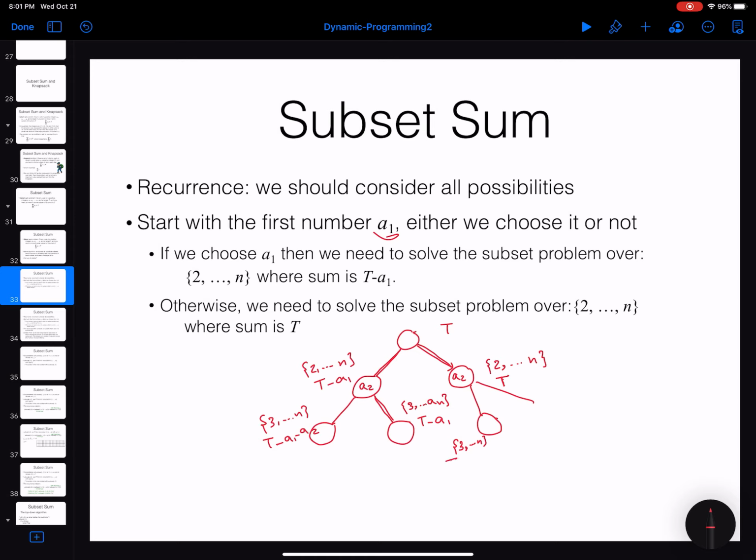So the target number that remains is T minus A2. And here, I didn't take A1 and I didn't take A2. Find an answer among all the numbers from A3 to AN with the summation equal to T.